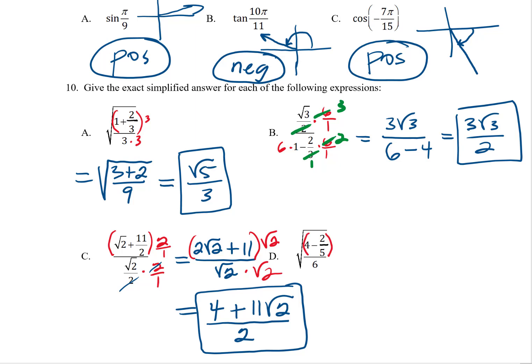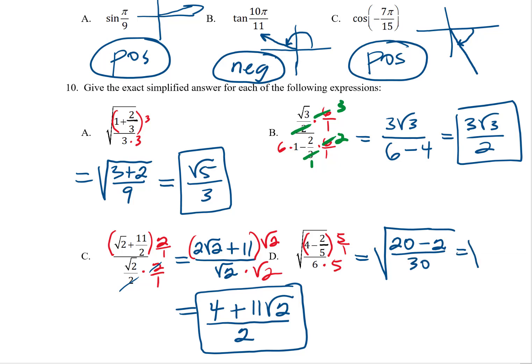So I'll multiply here by 5, and I'll multiply here by 5. On the top, I will have to distribute. Let's see, 4 times 5 is 20, and then the 5's would cancel in the second multiplication, leaving me with just 2. On the bottom, I'm going to have 6 times 5, which is 30.